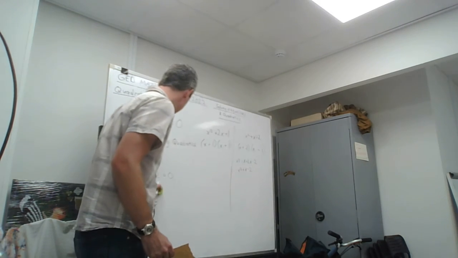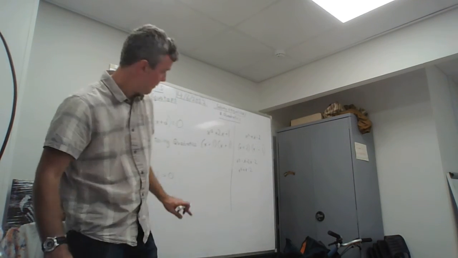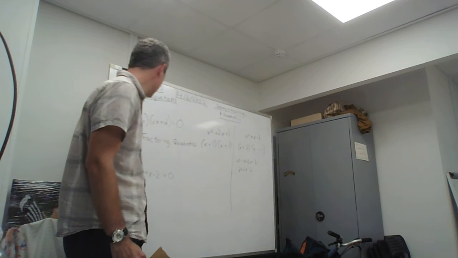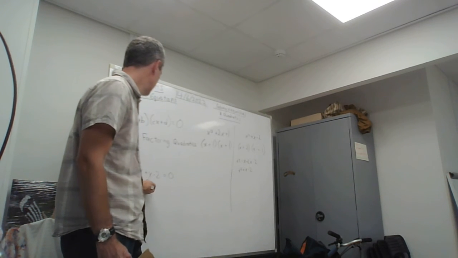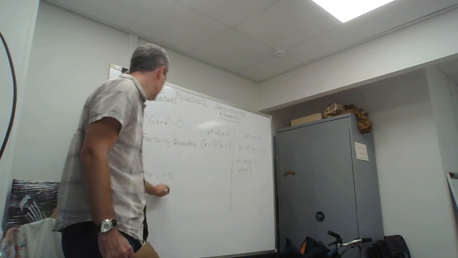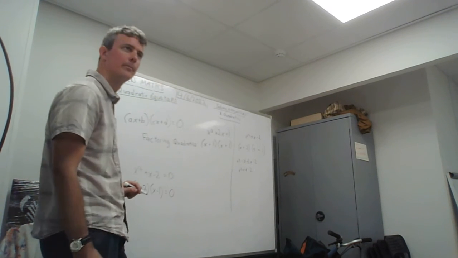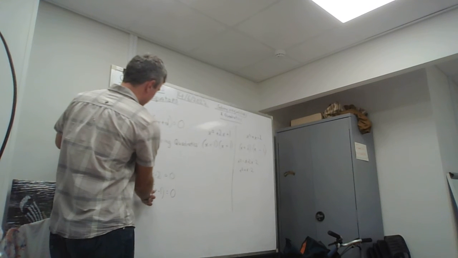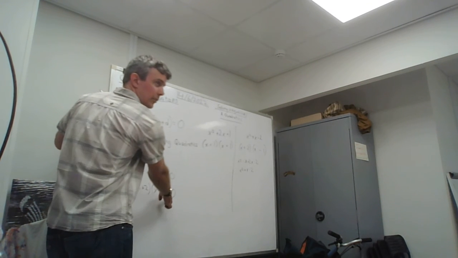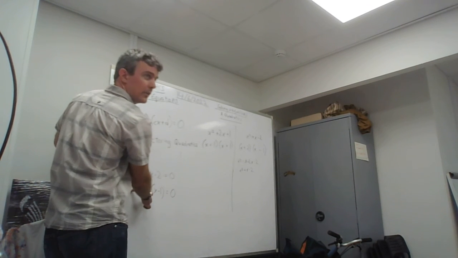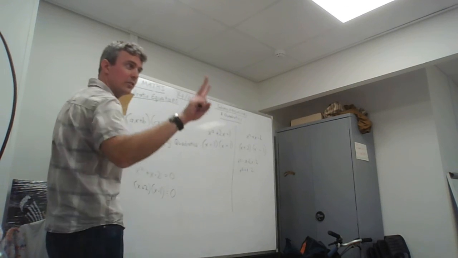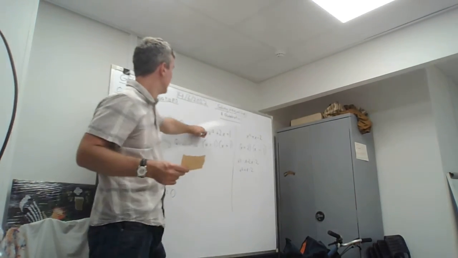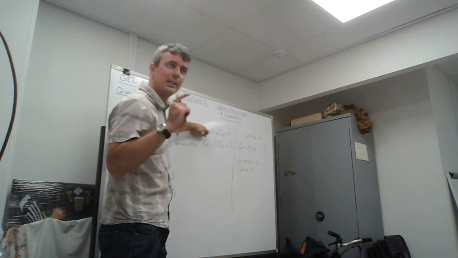However, if I factor this like that, I can write it as x plus 2 and x minus 1 equals 0. Now that means if either of these equals 0, it will be true, because anything times 0 is 0. So we have two solutions. That's the thing for a quadratic: whenever you see a variable squared, it means there's at least two solutions.